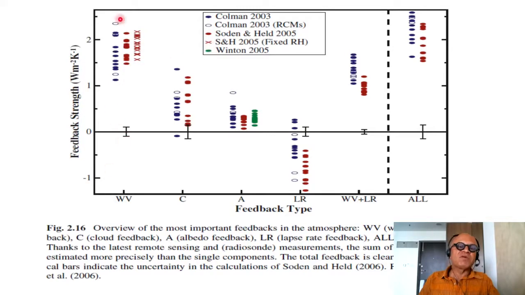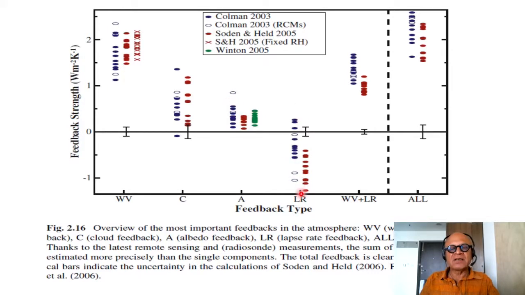So water vapor feedback, you can see the different estimates and the ranges. For cloud feedback, again, it can be negative in some cases by Coleman and can be large positive numbers. Albedo feedback, again, positive but a significant range.